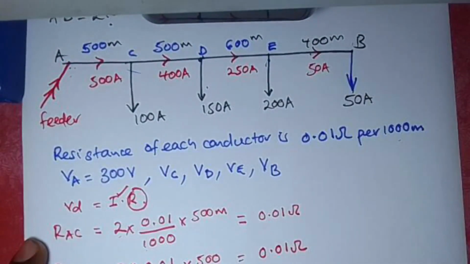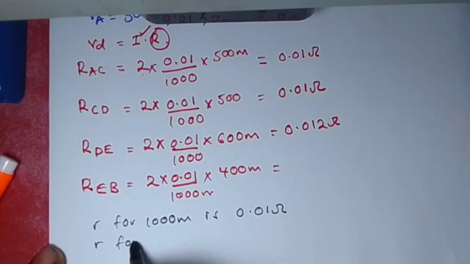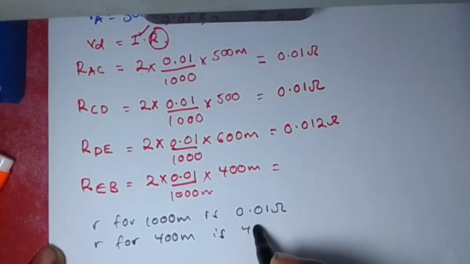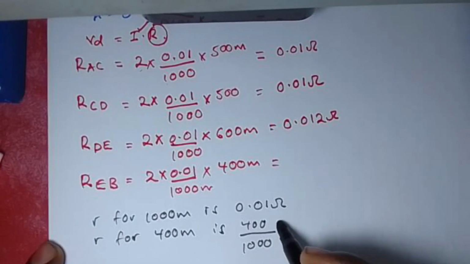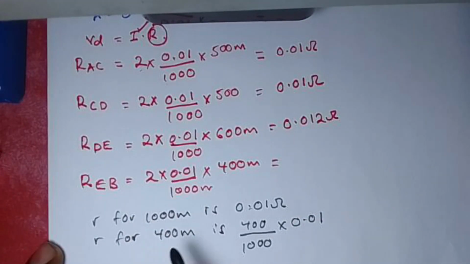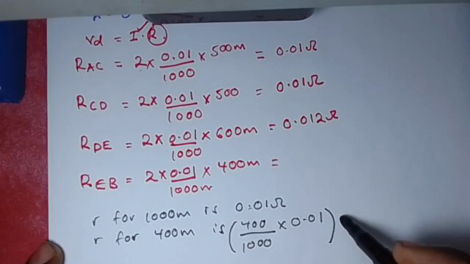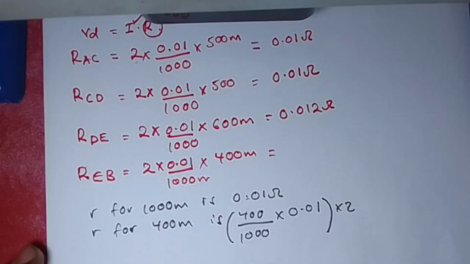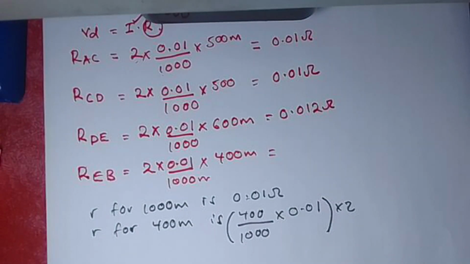This section is 400 meters, so the resistance for 400 meters is going to be 400 meters over where we are moving from, over 1000, times where we're going, which is 0.01. So simply this, but it was for a single wire. Because it was for a single wire, we shall multiply by 2. So you can see that this is identical to this. That's why I preferred to use this kind of nomenclature to ease the work.